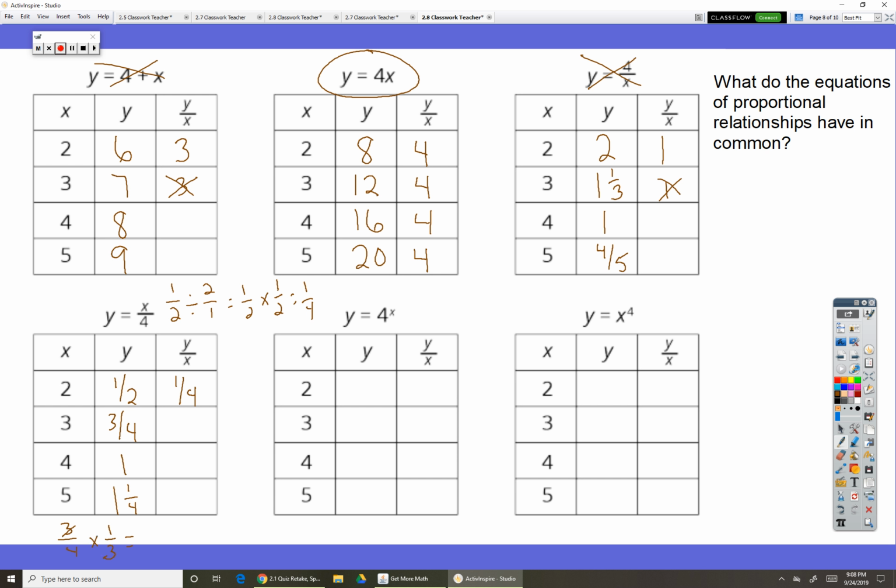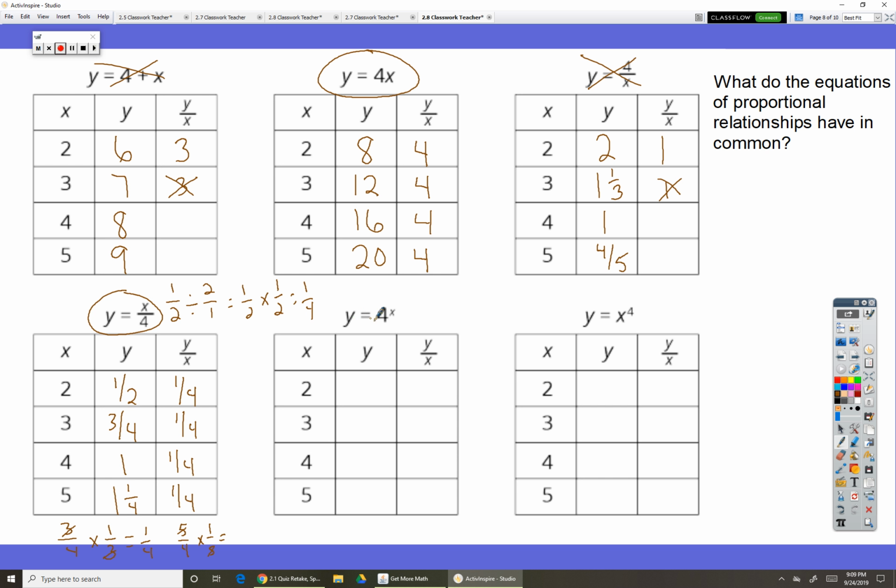The 3's would cancel out, and we get 1/4. 1 divided by 4 is 1/4, and 1 and 1/4 can be expressed as 5/4. 5/4 divided by 5 is like 5/4 times 1 over 5. The 5's cancel, and we have 1/4. So all of our ratios are the same. So y equals x over 4 also represents a proportional relationship.